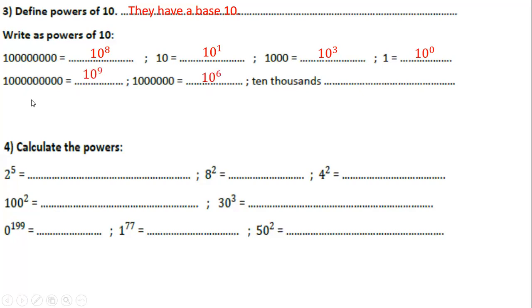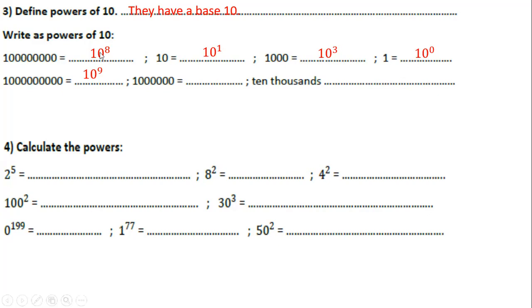Thank you. I move to Ali Shugri. Yes, Ali Shugri. Yes, Miss. We have this number. We should write it as a power of 10. So what should be the base? Ali Shugri, to write such numbers as powers of 10, always the base should be 10.